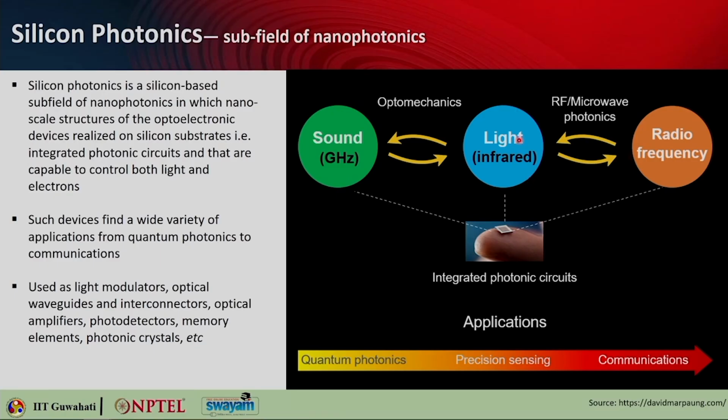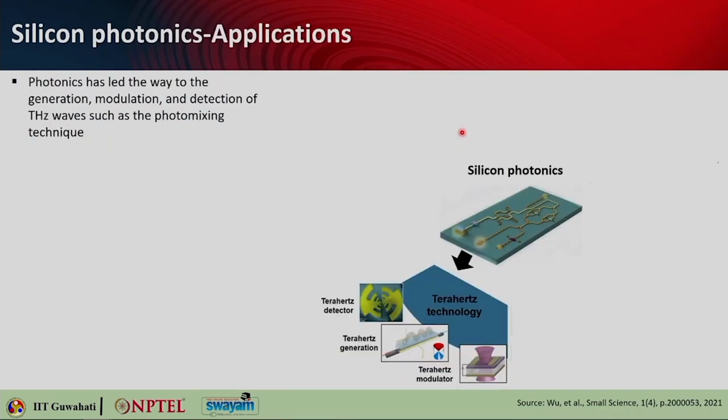So this is how the optoelectronics part is working. And then you also have sound or mechanics in the gigahertz range. So this is where sound or acoustics is interacting with the optical field, and this field is called optomechanics. So these are different applications broadly.